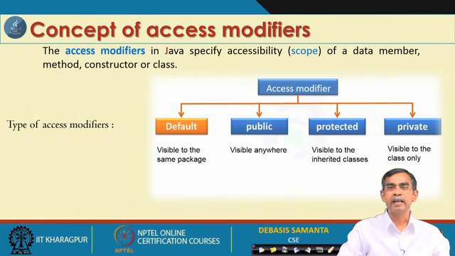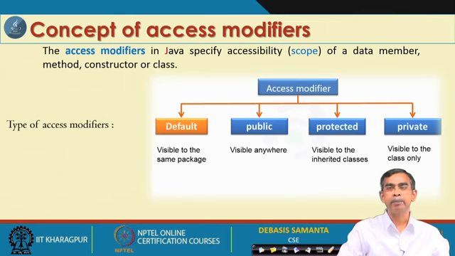That means any class, or any method belonging to any class, can access that kind of member. On the other hand, if it is protected, then that member cannot be accessed by all classes; that member can be accessed by any method that belongs to any inherited subclass.